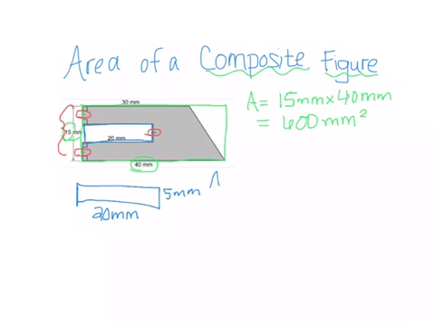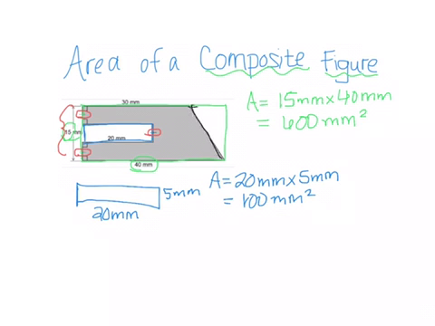So therefore I know the area of this rectangle is 20 millimeters times 5 millimeters, which equals 100 millimeters squared. Note that that 100 millimeters squared will be subtracted from my 600 millimeters at the end.